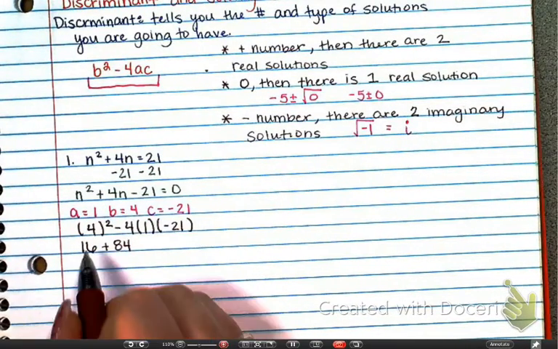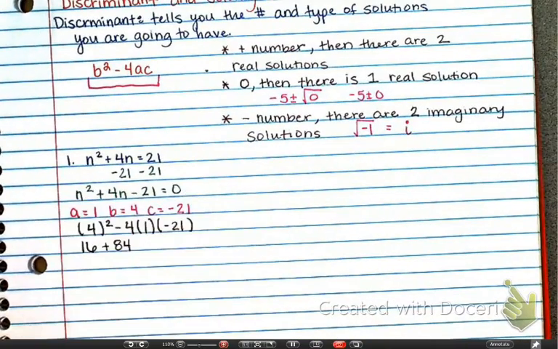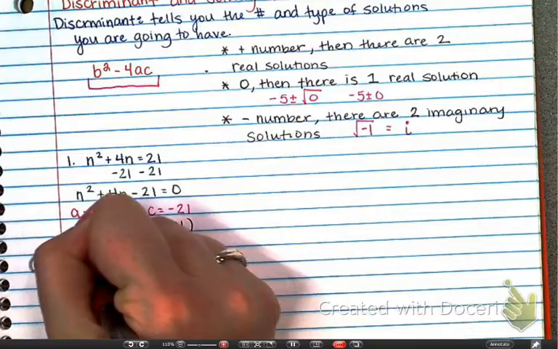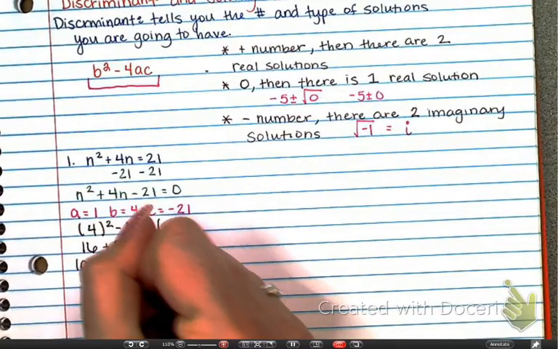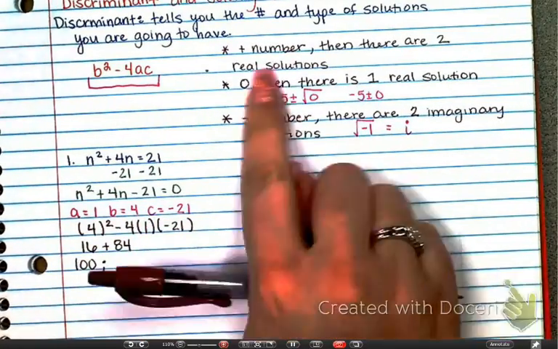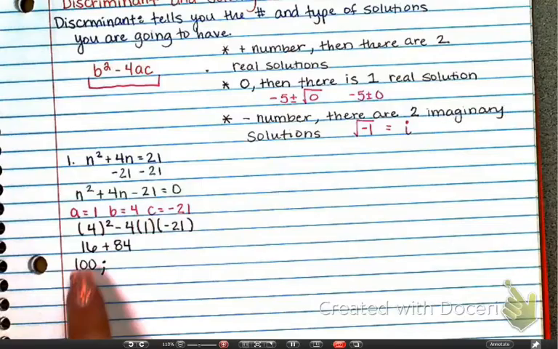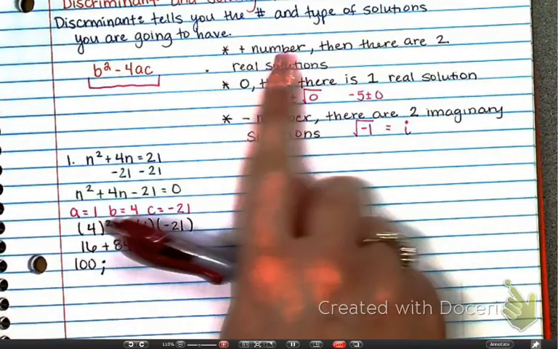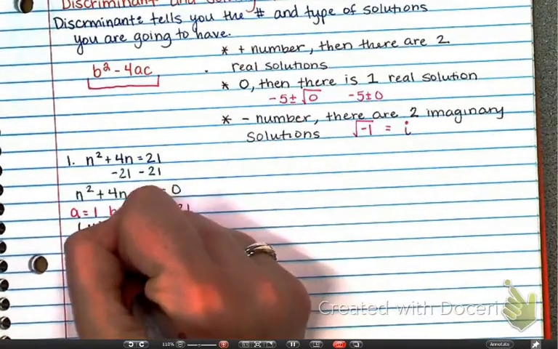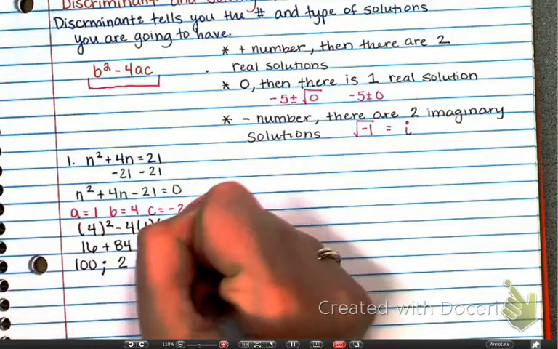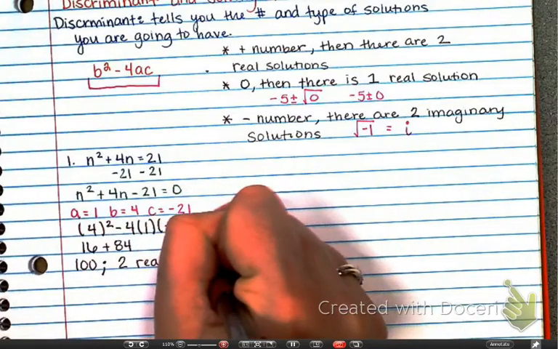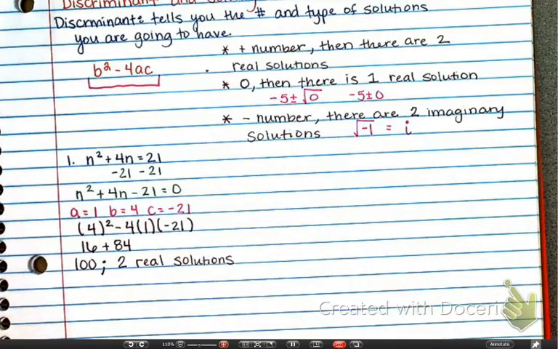Okay. 16 plus 84 is 100. So my discriminant is 100. Okay, that's the first part of my answer. And then it tells me what I have here. So it's a positive number. So a positive number means there are 2 real solutions. Okay, so I have a positive number, which means I have 2 real solutions.